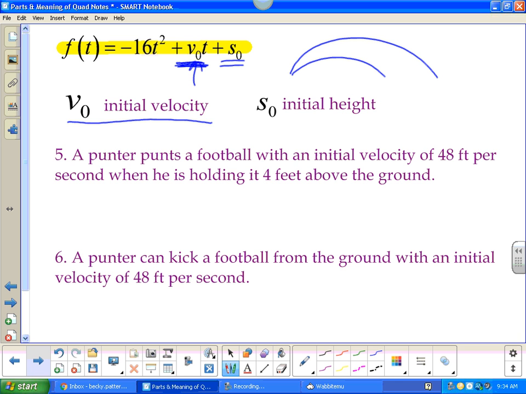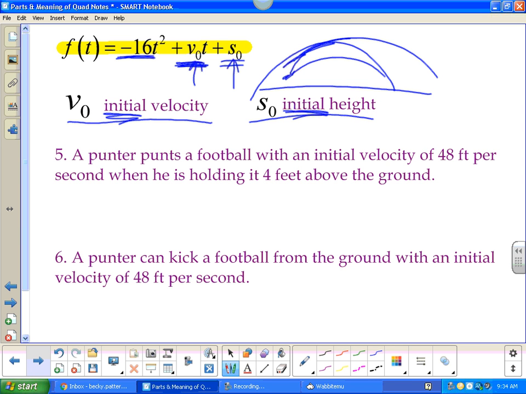So that is the strength, the oomph behind what you're throwing or kicking. And this is your starting height. So I'm taller than she is. So the ball is going to leave my hands up here, and the ball is going to leave her hands down here if you're talking about the ground. So initial means starting, initial velocity. Then this negative 16 t squared, this is just your gravity. Negative because what goes up has to come back down.